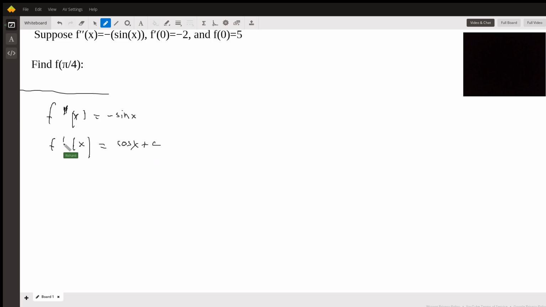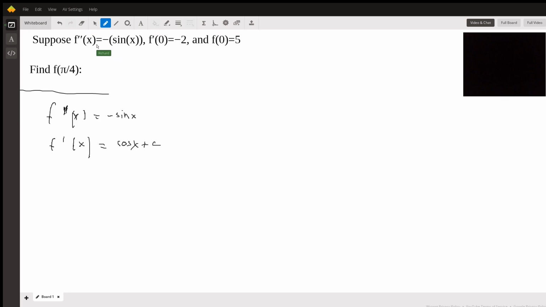That's because if I differentiate the left-hand side, I'm going to get f double prime. If I differentiate the right-hand side, I'm going to get negative sine x plus 0. So now I have to evaluate c, and I'm going to do that by using the fact that the first derivative, f prime of 0, is negative 2.